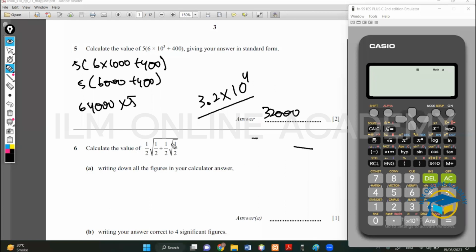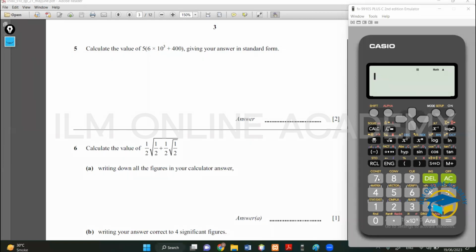So first we will put this into the calculator. We have 1 over 2 and then root 1 over 2 plus 1 over 2 and then root 1 over 2.